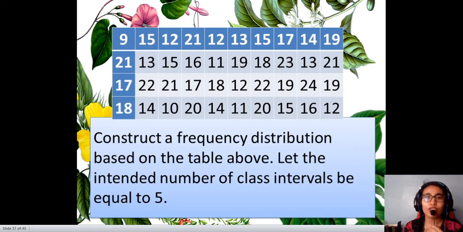You will now construct a frequency distribution based on the table above. Let the intended number of class intervals be equal to 5. So take note, it says class intervals. Therefore, you're going to follow the step-by-step process of making a frequency distribution for grouped data.